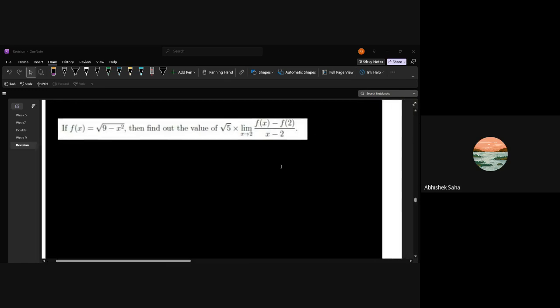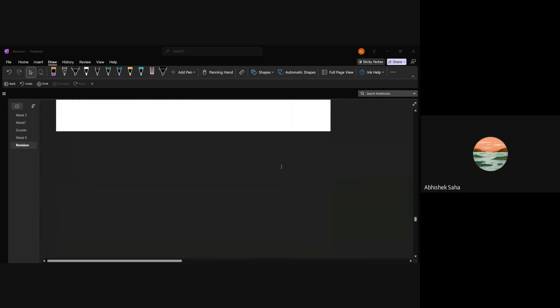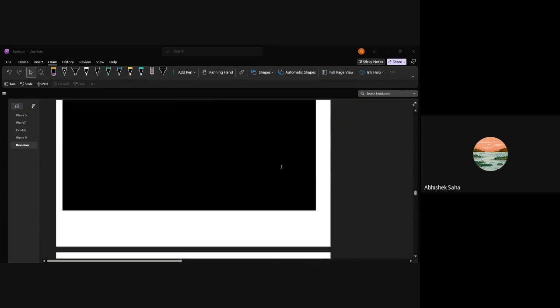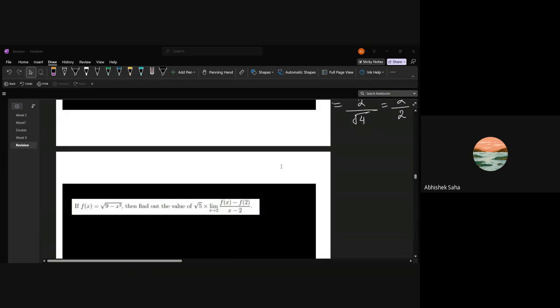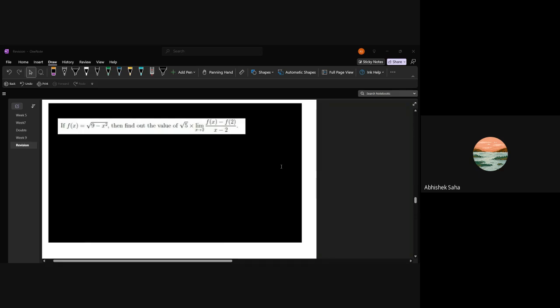Okay, now we have jumped to the differentiability part. So what is differentiability? This is the definition of differentiability, right? This is already the definition of differentiability.